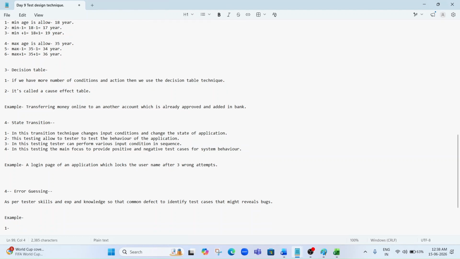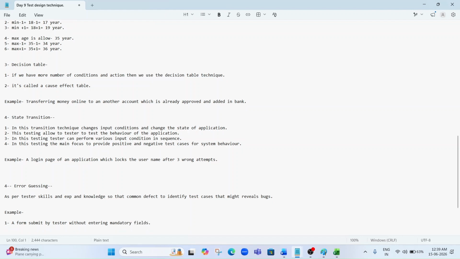Okay, suppose a form is submitted by the tester without entering mandatory fields. Means a form is created by a company to fill in, but the tester tries to test that form, so they do not fill in any fields there, even the mandatory ones, and they try to click on the submit button.